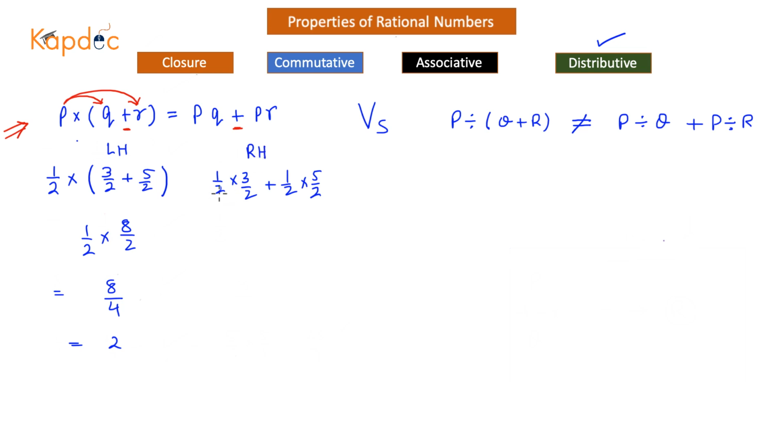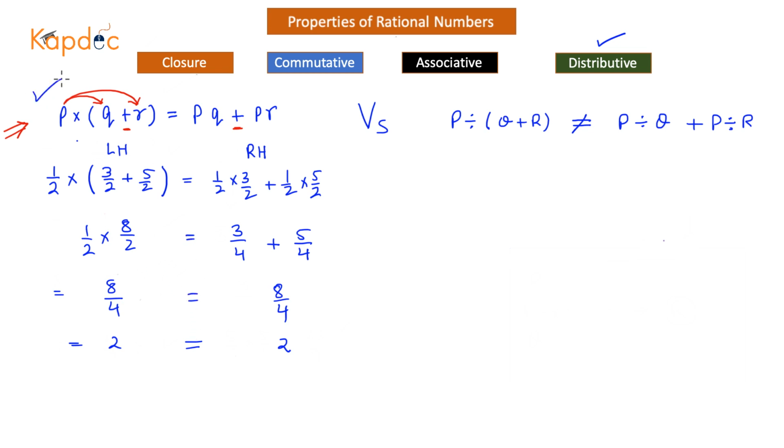The first part becomes 3/4 and a plus sign in between, and the second part becomes 5/4, right? So together when you add, because now they both have the same base, it becomes 8/4 or it is equal to 2, meaning the left hand side is equal to the right hand side all the time.